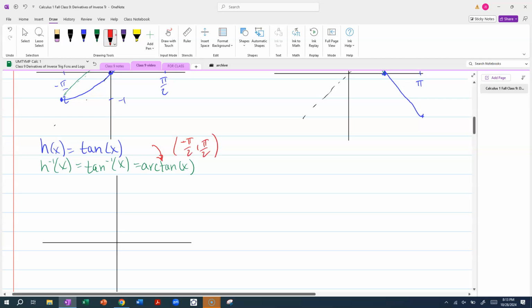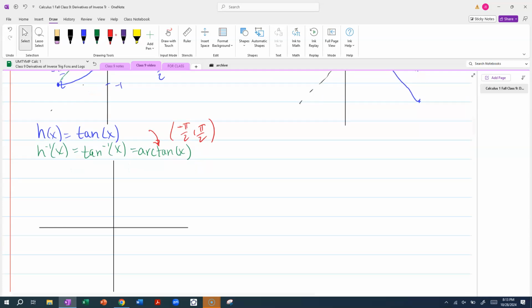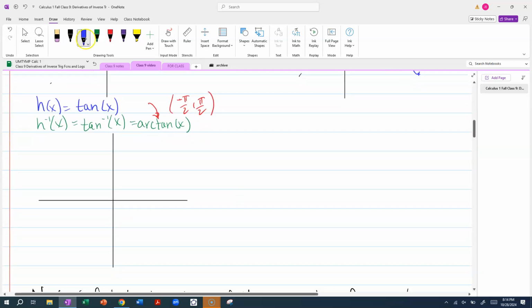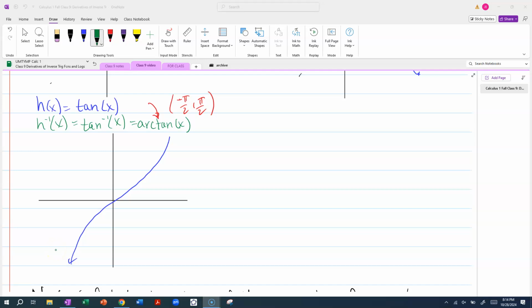Again, there's asymptotes at those places, so that's why we bound it there. So here, tangent looks much like what you would expect, something like this. And then arctangent would be its mirror image, something that might look something like this.